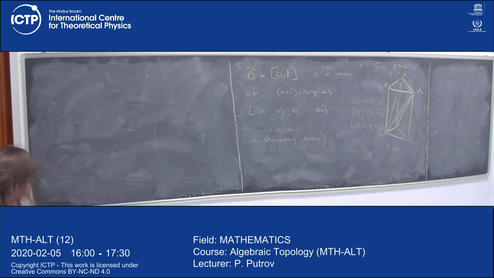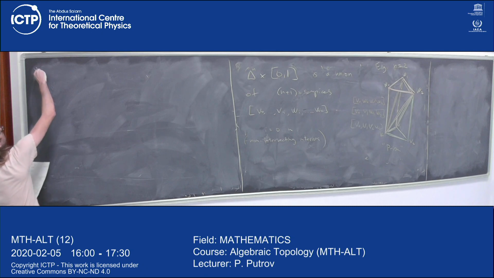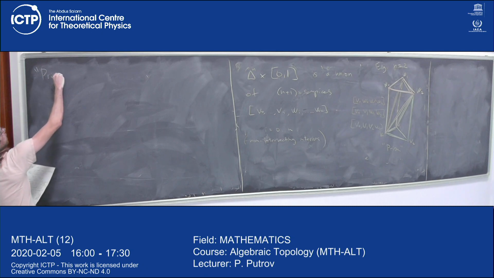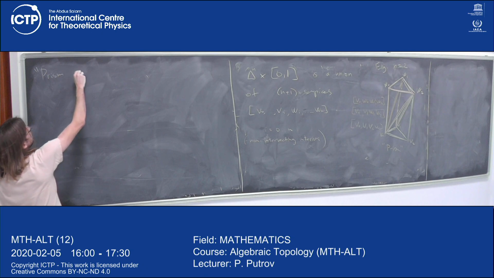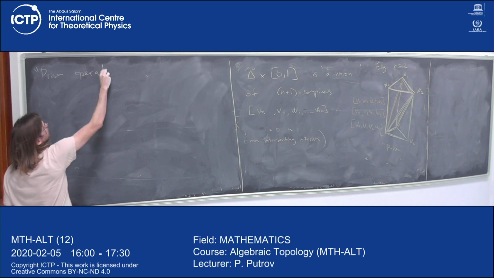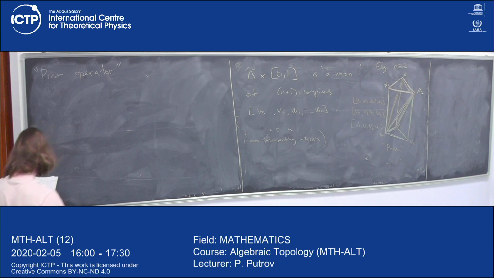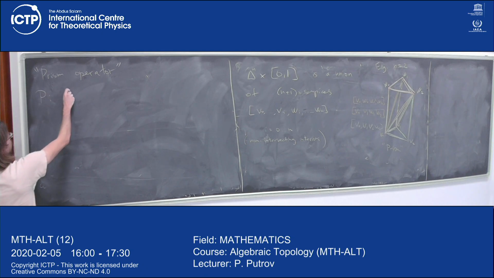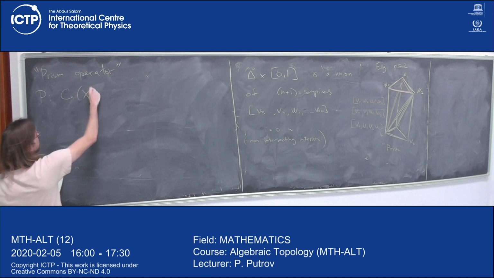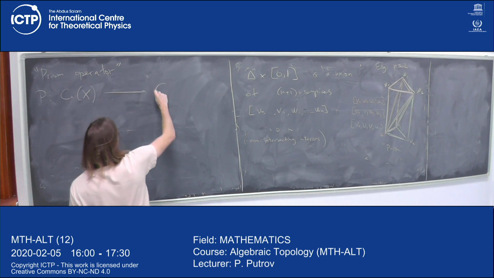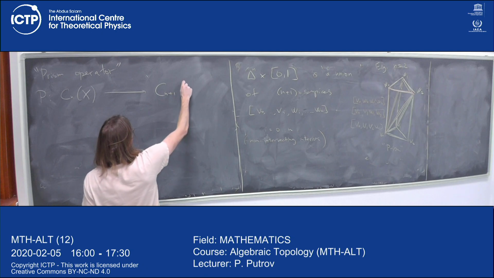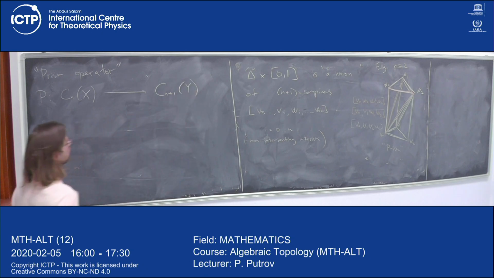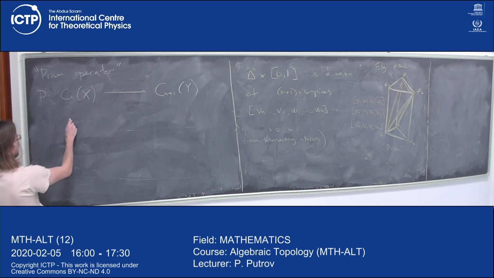Okay, so now we are ready to define what is called the prism operator. This will be a homomorphism from Cn of x to Cn plus 1 of y. Again, it's enough to define it on one generator.